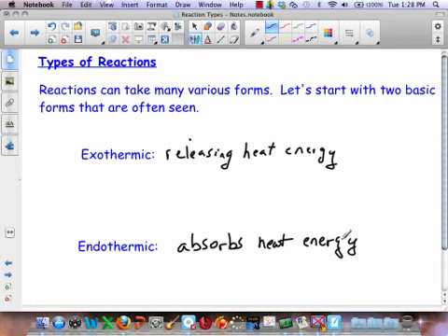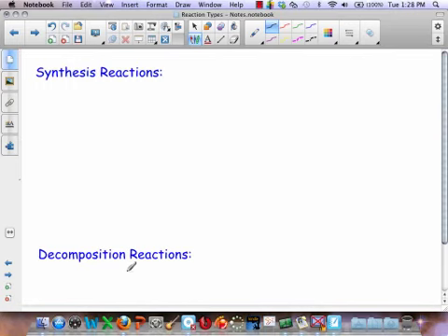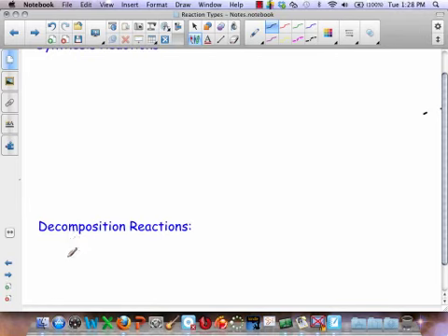All right, the last thing I want to talk about today is synthesis and decomposition. What does it mean to decompose? To break down, to decay. So when we think about decomposition, it's exactly that. It's a reaction that is breaking stuff down. So a decomposition reaction breaks down substances.